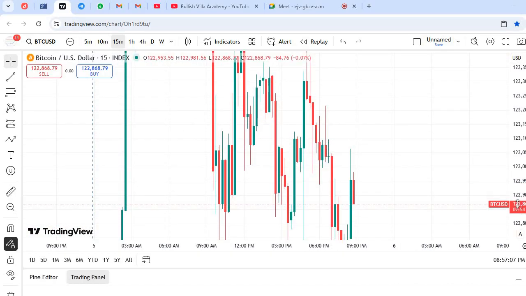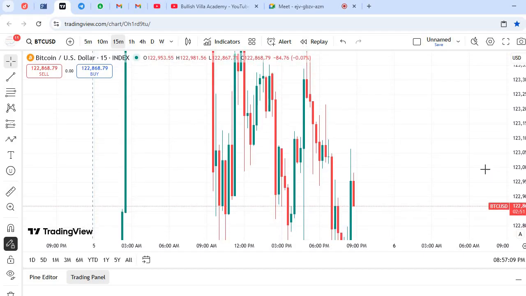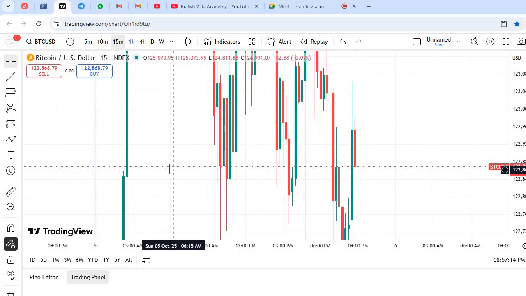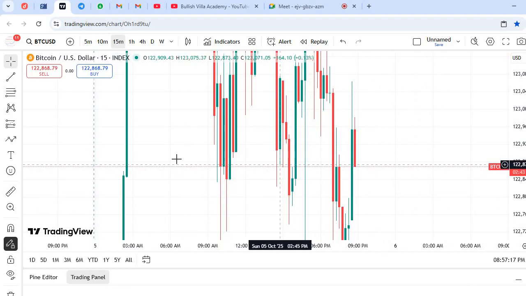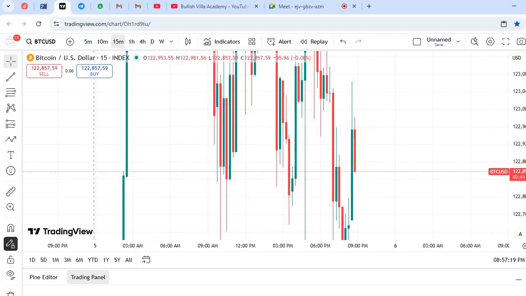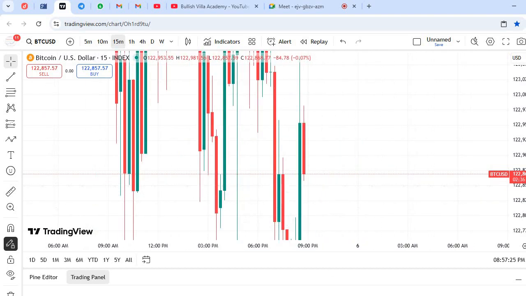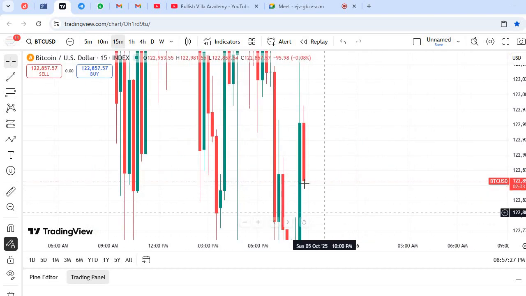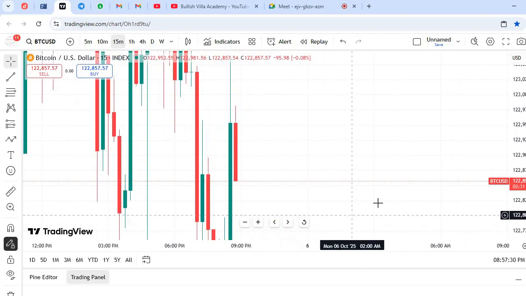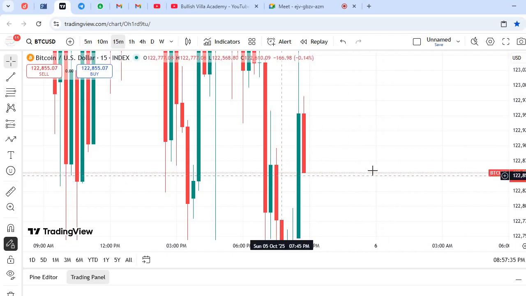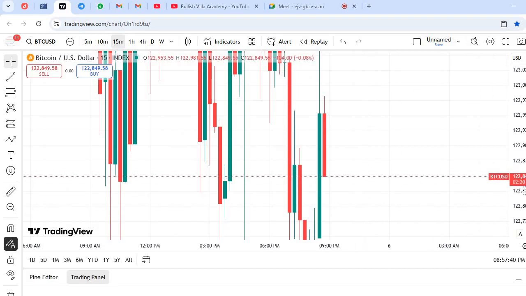I'm trying to zoom this thing. On this BTC, there are two lines most times. Can you see a horizontal line here, like a red line that is moving? If you look closely, you see that this last candle is moving ahead. So there are two lines there, but one is more visible, like a green line and a red line. The difference between the two lines is what we call spread.